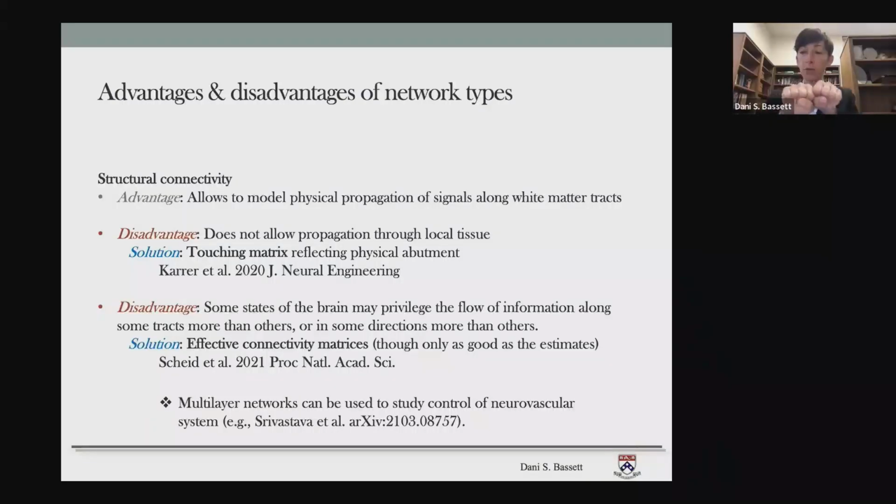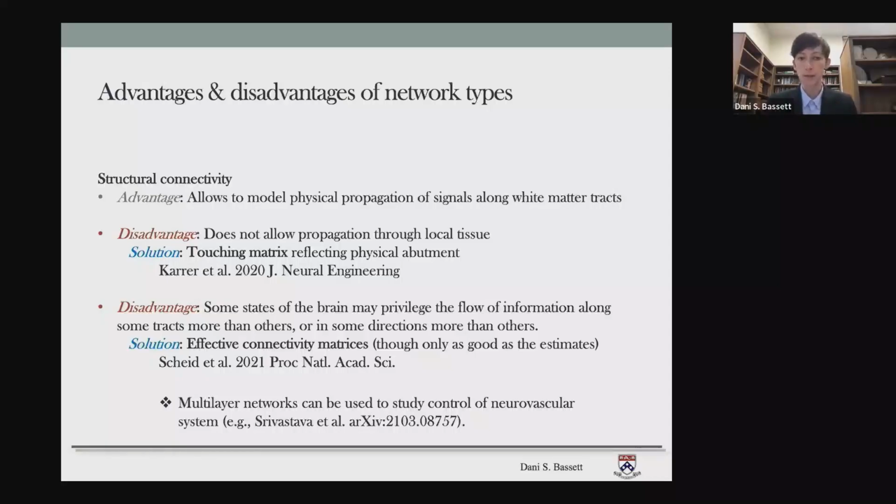So for example, when you have two gray matter areas that are next to one another and a signal could flow through the tissue, the structural connectivity may not show that connectivity. One solution to that problem is to use what's called a touching matrix, which reflects the physical abutment of gray matter areas. And we've done that most recently in Carr et al. in a Journal of Neural Engineering paper.